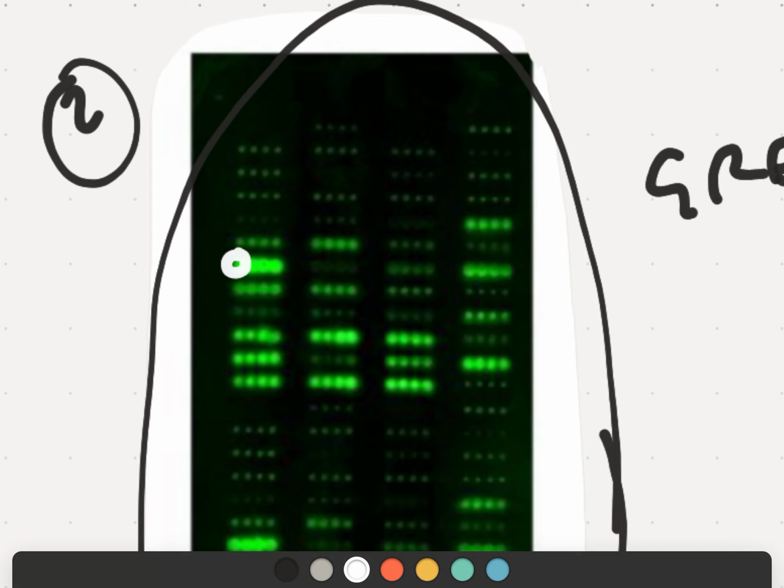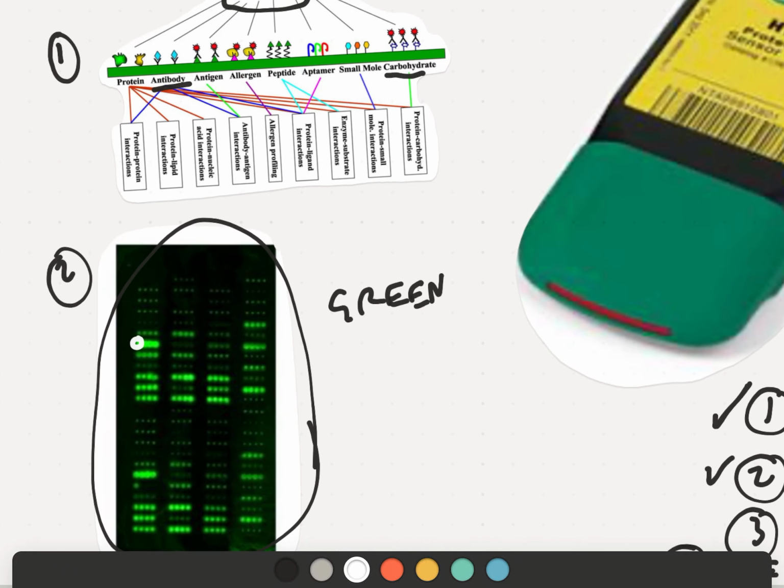And the only reason they're 4 is to allow you to really be sure that the first color shown in the first dot was 100% true. You don't want to make a mistake with this. You don't want a false positive. So you try your best to get multiple testings done in the same protein chip. Okay, so I would consider results interpretation done with.